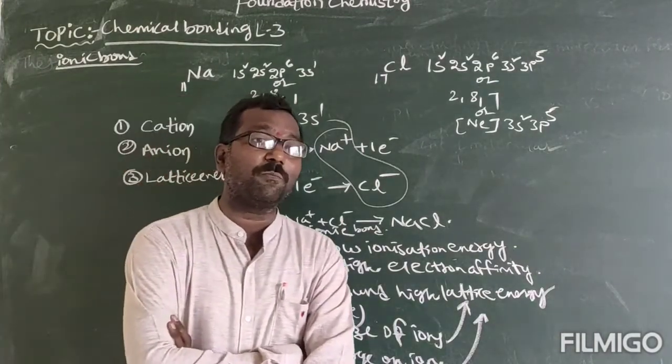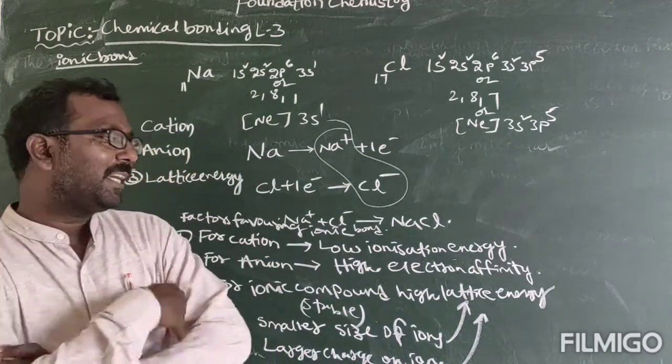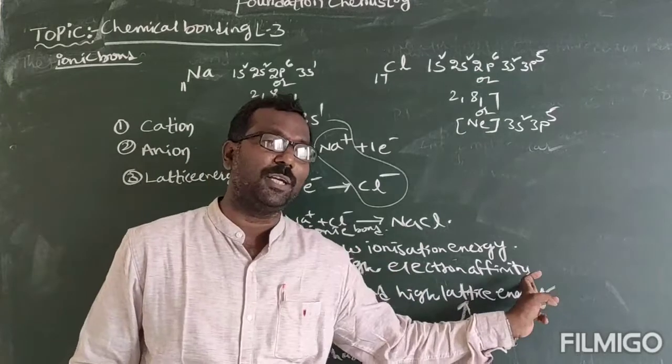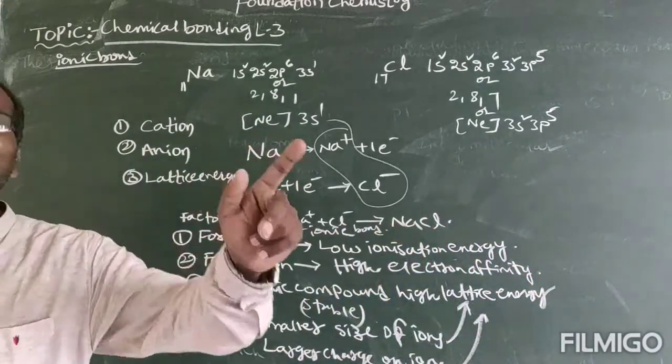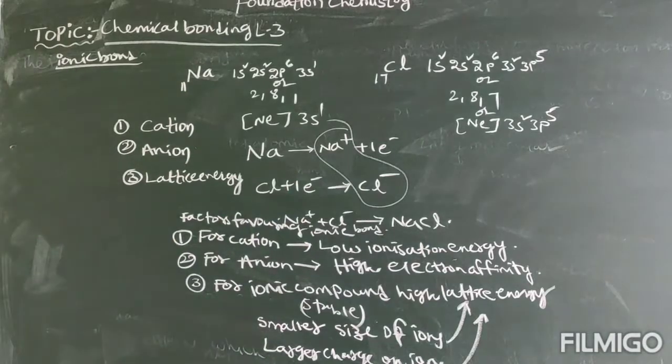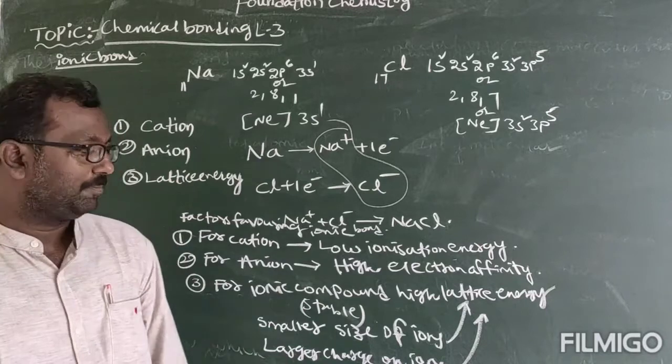Which type of bond will they form? High electron affinity and low ionization energy means they will form cation and anion, so they can form ionic bonding.